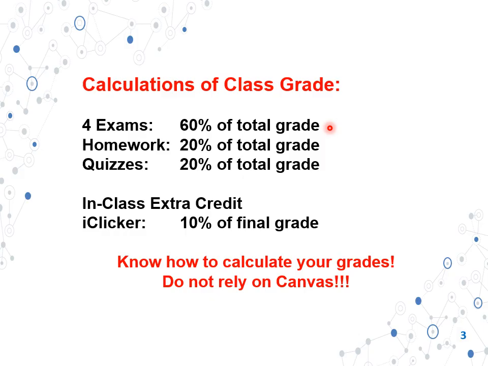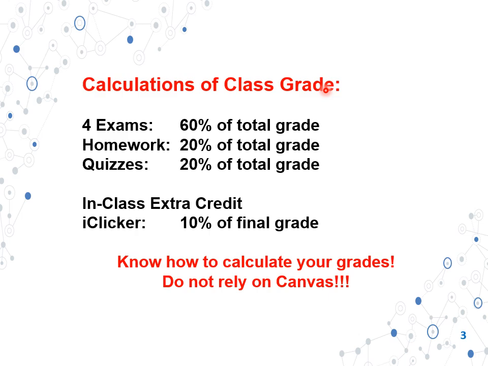Okay, so you have here 4 unit exams. That is going to count for 60% of your grade. Besides that, you have homeworks, and that is going to be 20% of your grade. And you have your quizzes. Those are also 20% of your grade.